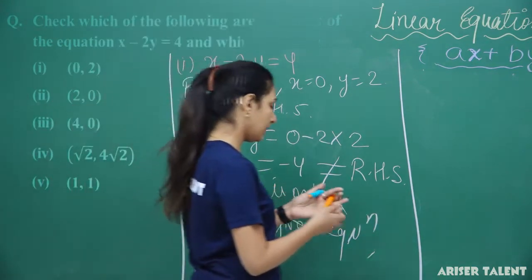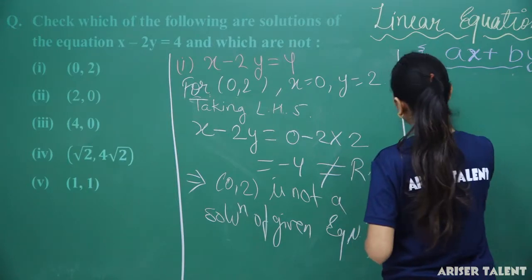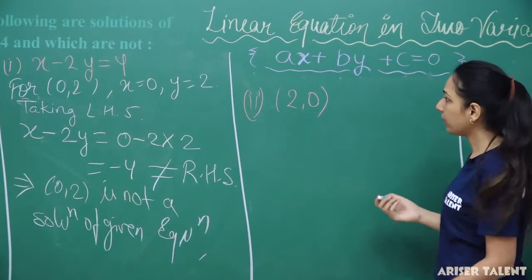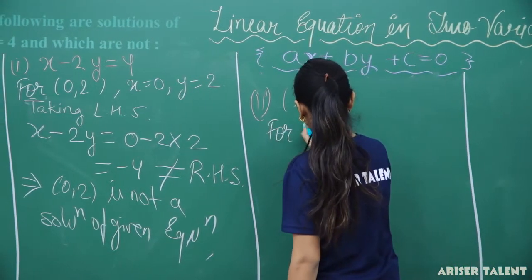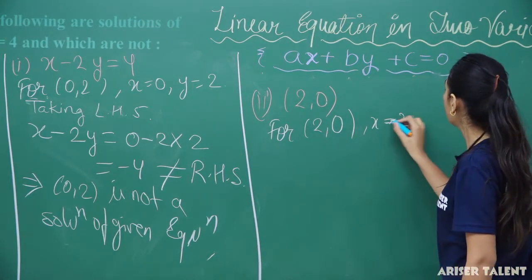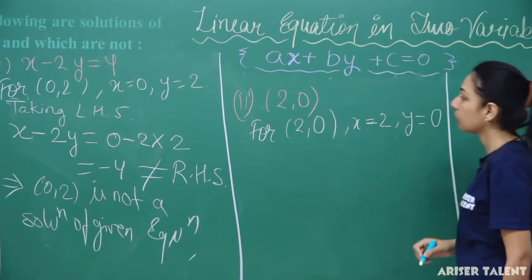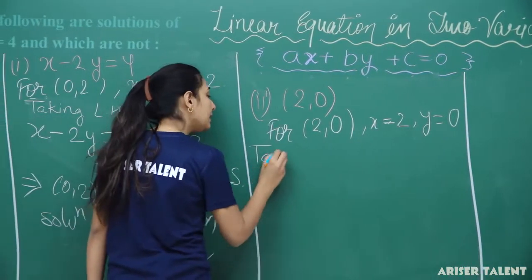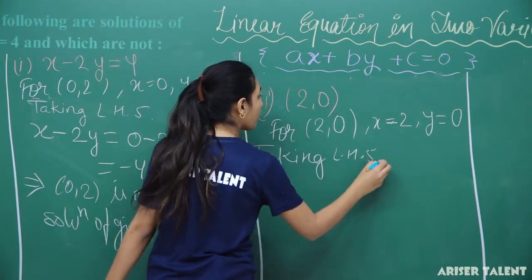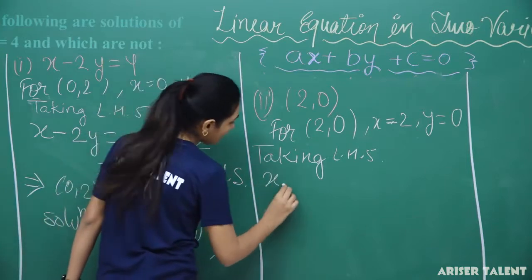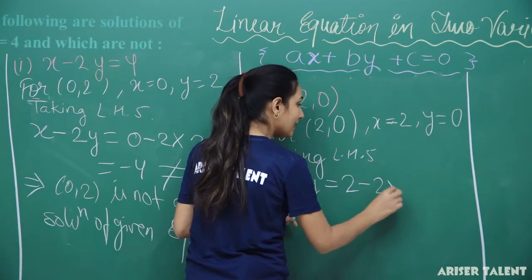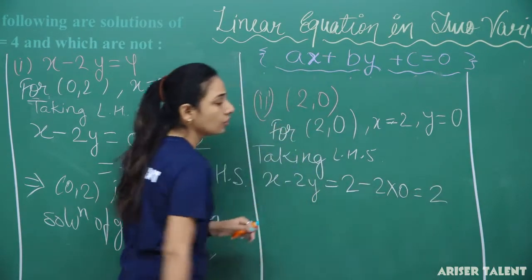Now the second one, because the equation is all the same, I am only writing the coordinates given. 2, 0. Okay. For 2, 0, x equals 2, right, and y equals 0. Now, taking LHS, the equation given x minus 2y will be equal to 2 minus 2 multiplied by 0, and that is equal to 2.